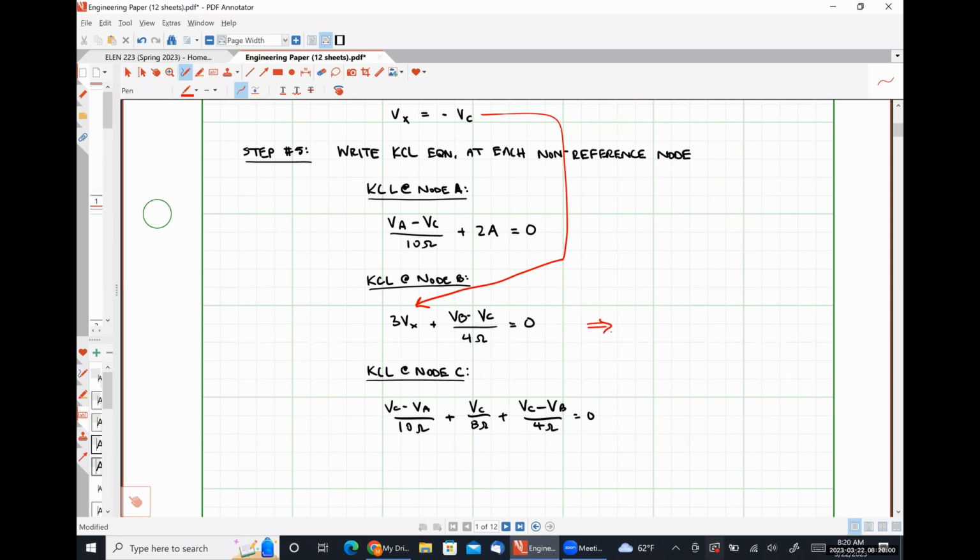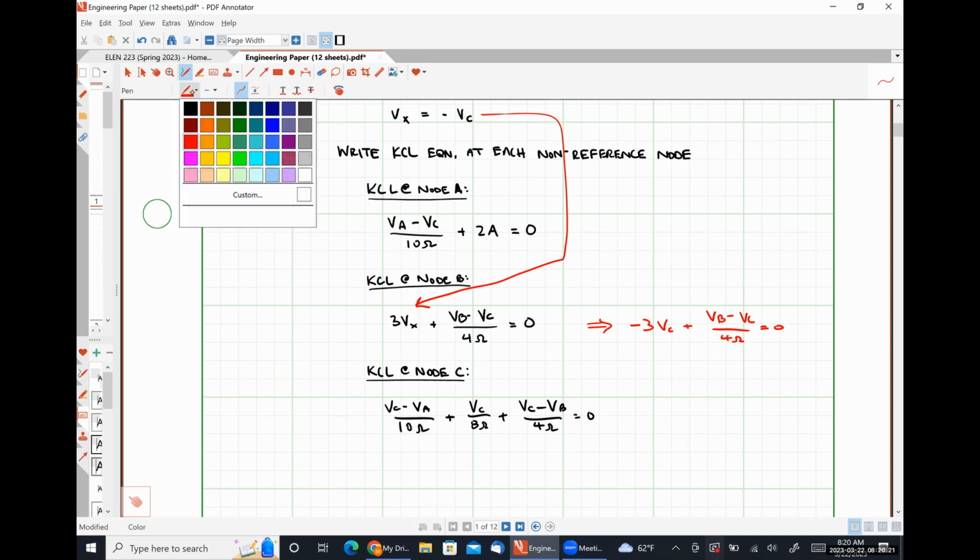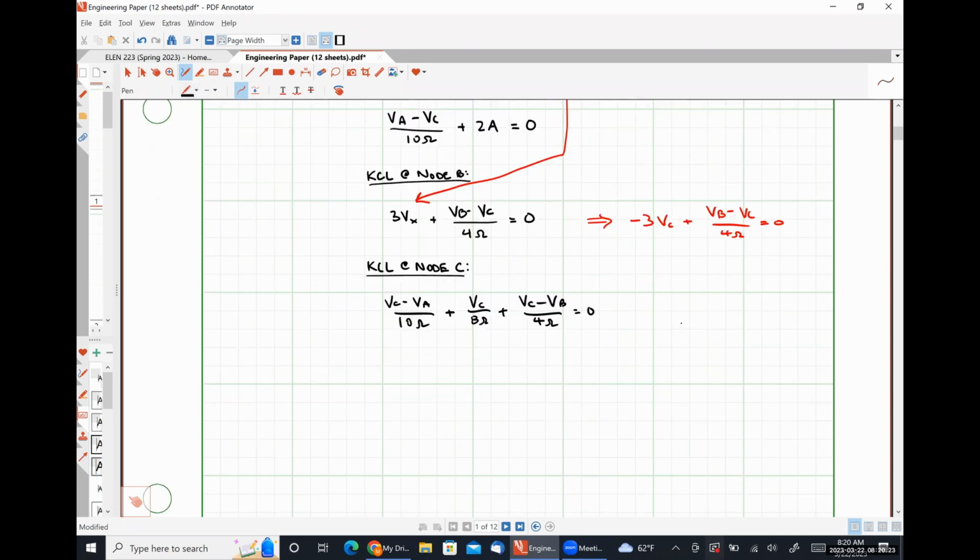So for all of us that have 3 equation, 3 unknown calculators, we're going to have negative 3 Vc plus Vb minus Vc over 4 ohms is equal to 0 as our second equation. And now we're at our last step, which is simply to solve our system of equations.